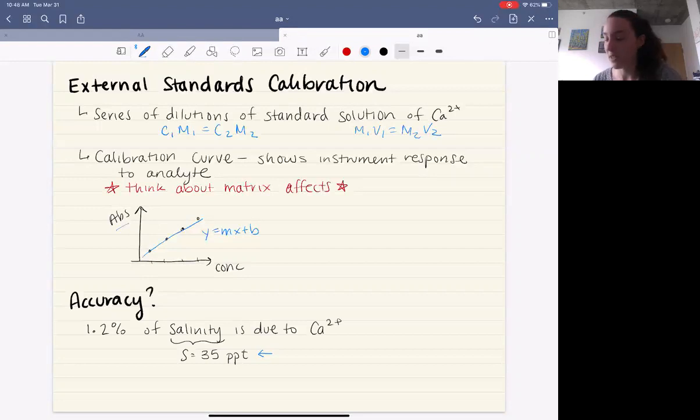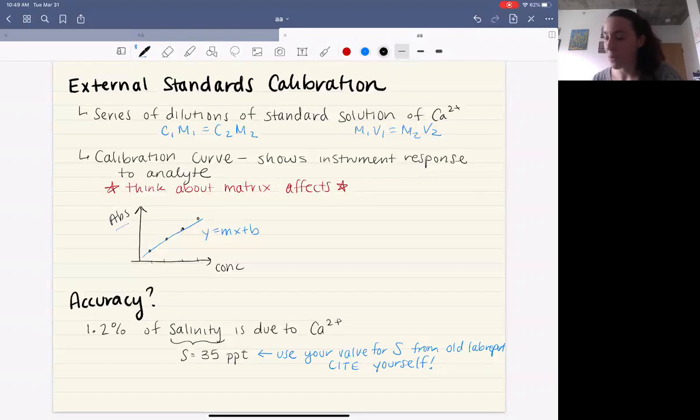So it would be good to use your value for salinity, and cite yourself. When you cite that literature value, you can go ahead and just cite your own lab report. That is acceptable.